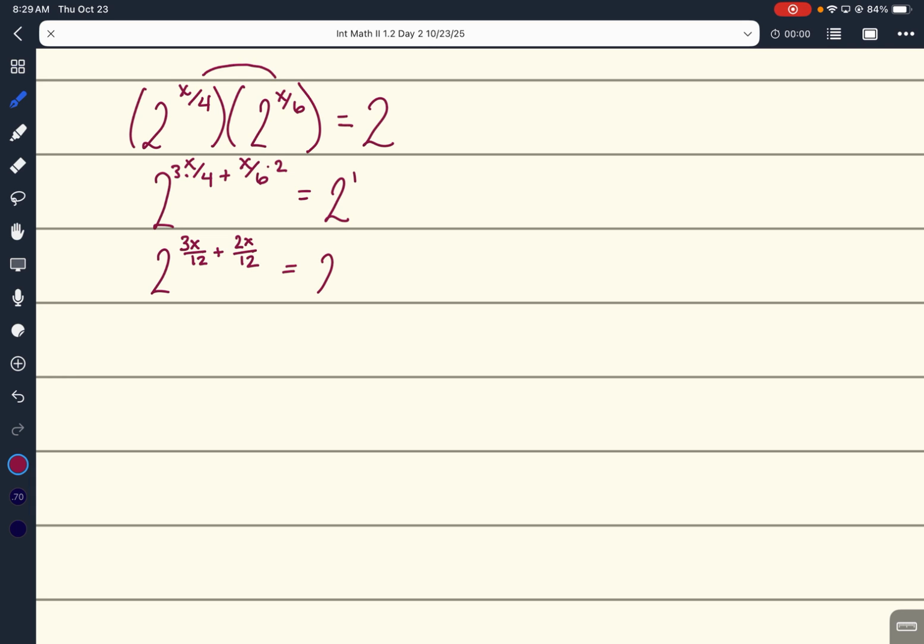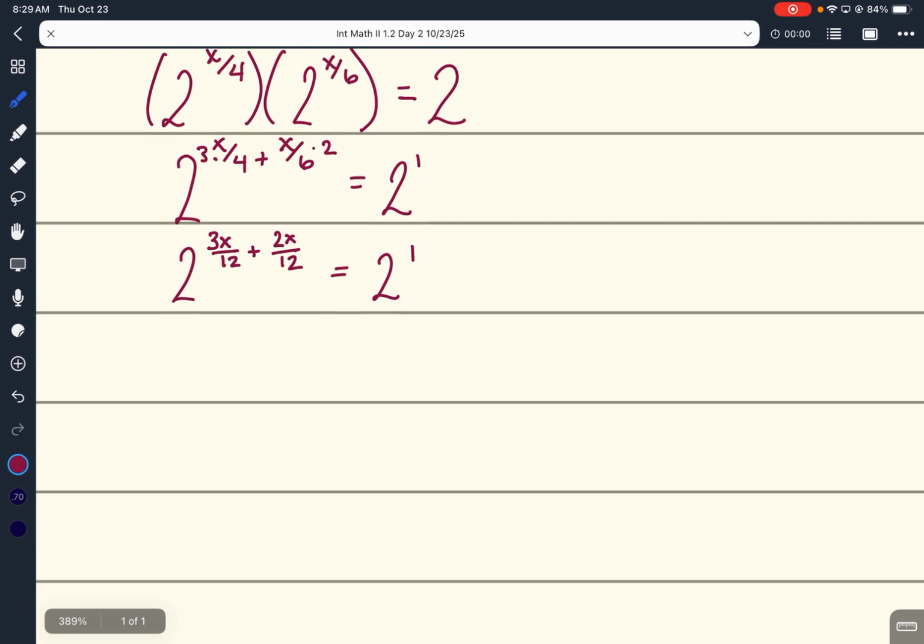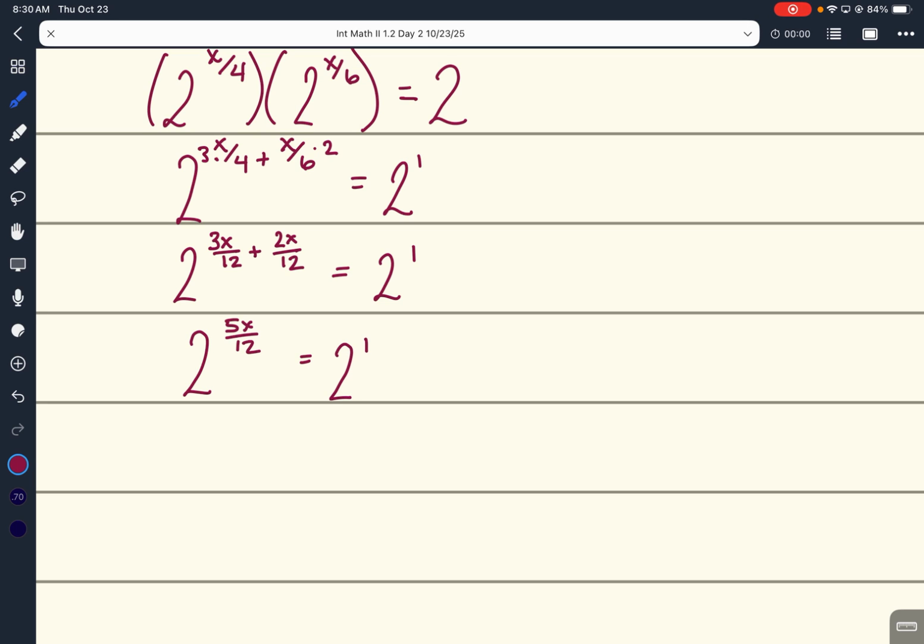Just getting common denominators like I would any other day, right? So I got 3x and 2x. What's 3x plus 2x? 5x. So I have 2 to the 5x over 12 equals 2 to the first.